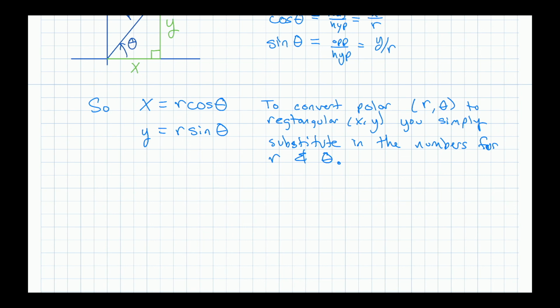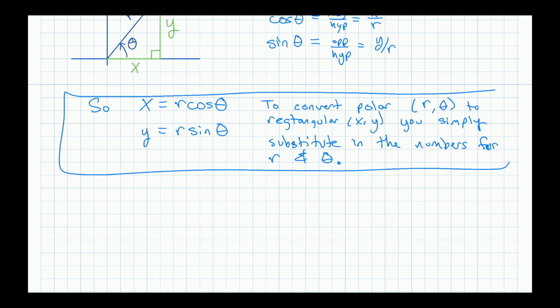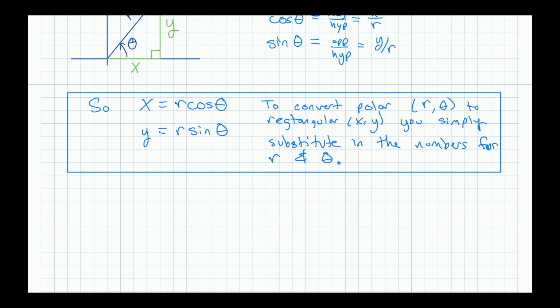Right? So that is your method for converting from polar to rectangular. Let me just highlight this, to make it easier to find if you're looking. All right, so that's it.